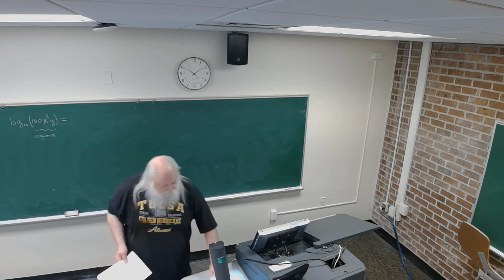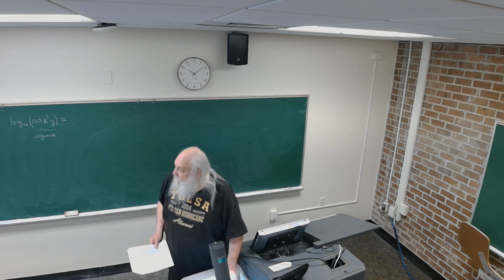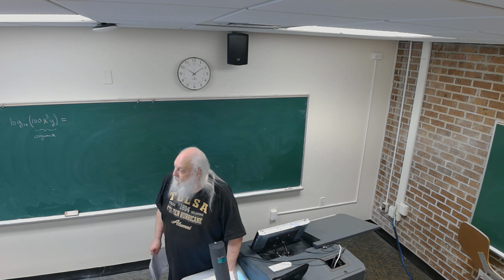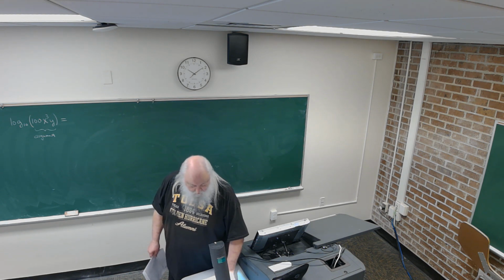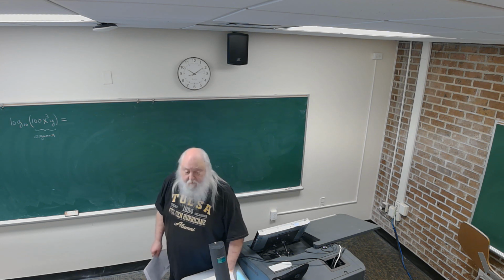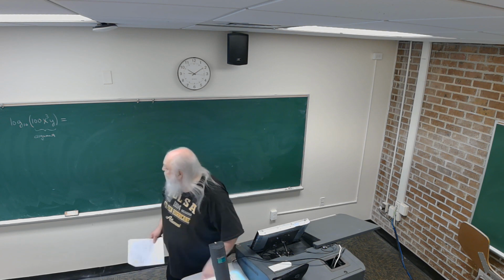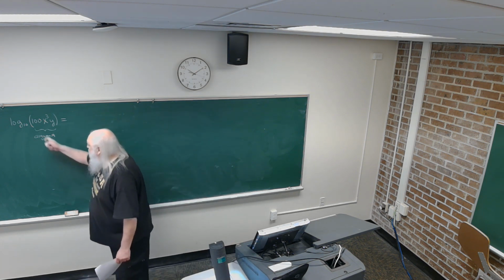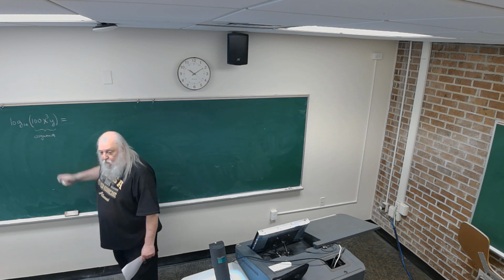From the laws of logarithms, we wrote out the product rule as the log of a product of two factors. Well, the product rule extends to the log of a product of several factors. And so we're going to be able to write this as the log of 100 plus the log of x cubed plus the log of y.